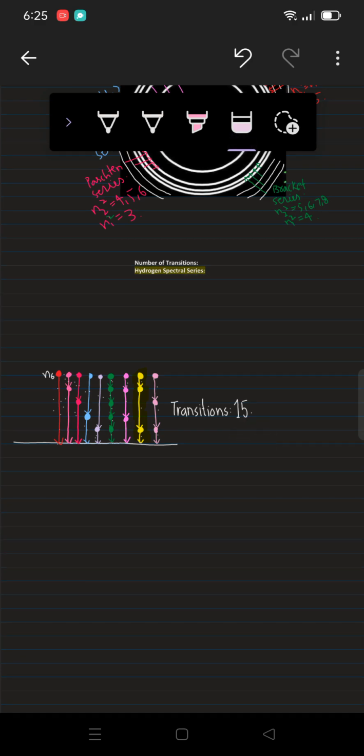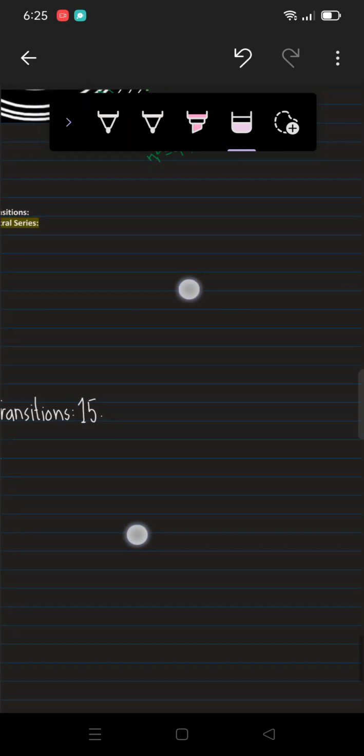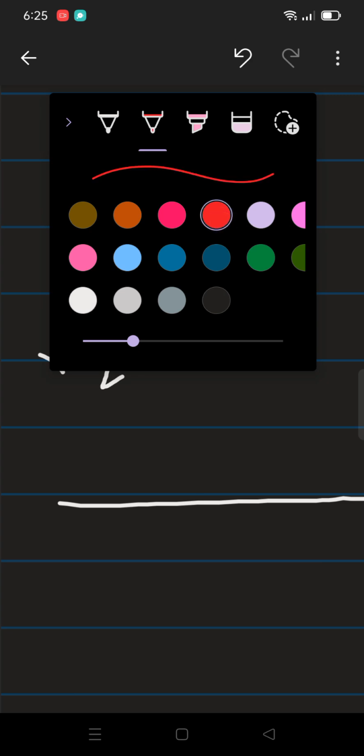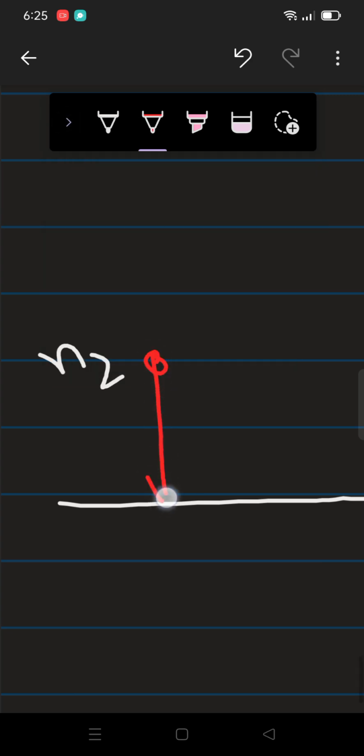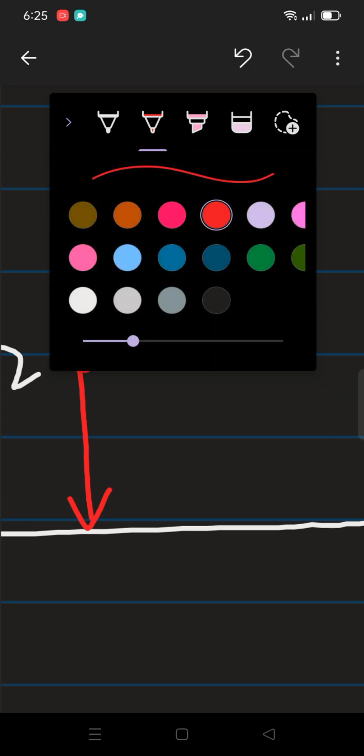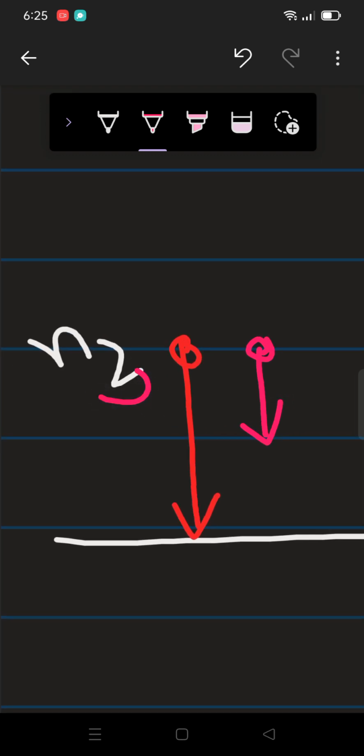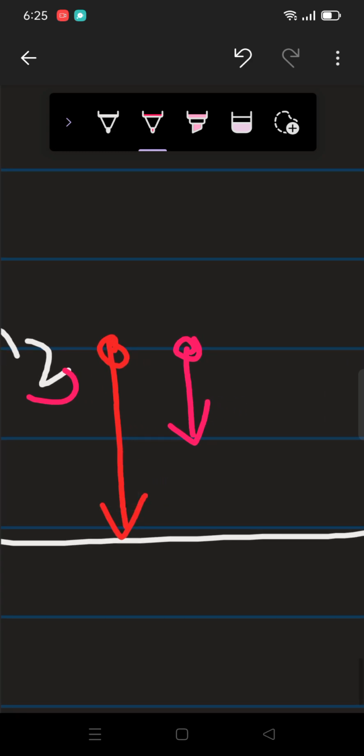Let's take an example of any other one, right? For example, I have an electron on n3. Now let's take a small one. How many possibilities does it have? Either that electron will be coming directly to n1, or it will go to n2 first, and then it will go to n1, right?